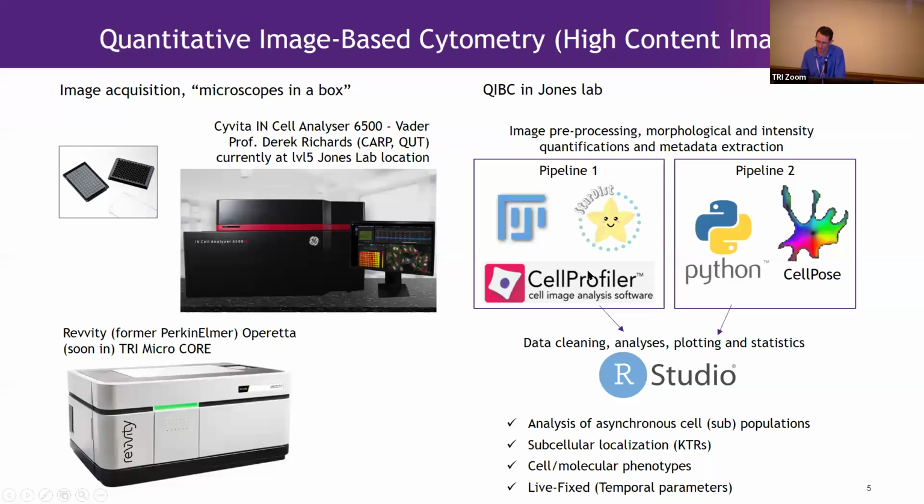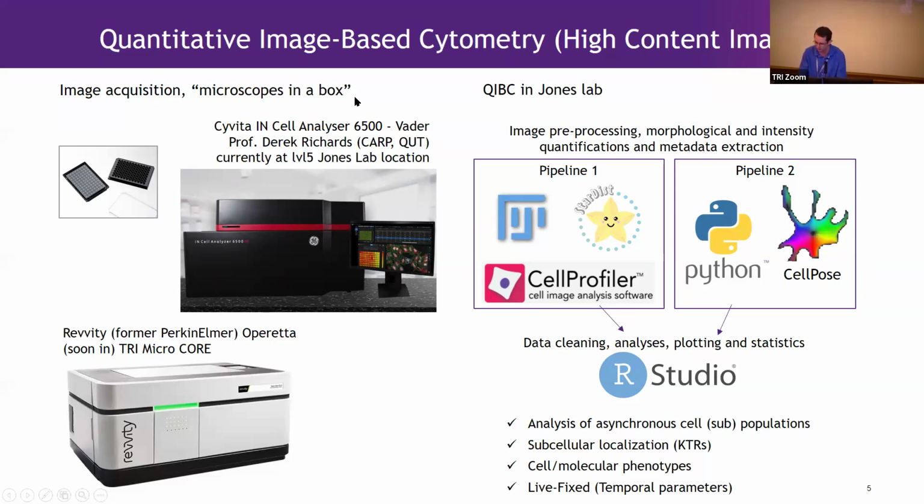In the lab, we have a more user-friendly pipeline that goes through Fiji, with machine learning segmentation, and CellProfiler. We also have a more hardcore one developed by David that relies on a lot of Python coding and much better segmentation by Cellpose. Both of them generate massive spreadsheets that GraphPad doesn't like, and neither does Excel, so we have to put them into RStudio.